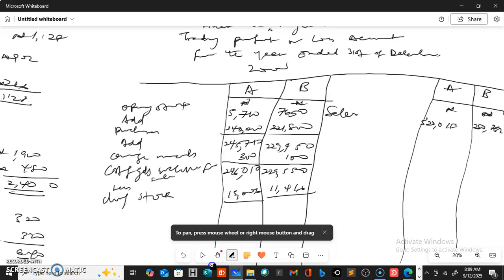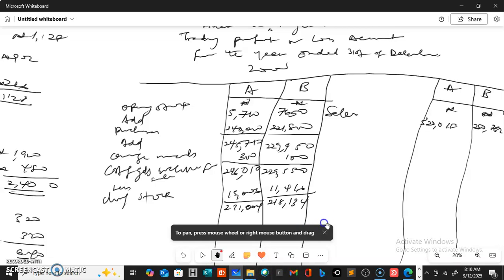So let's close the stock. So we're left with 231,004 and we have 218,881.